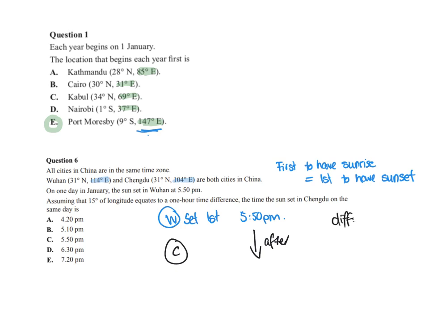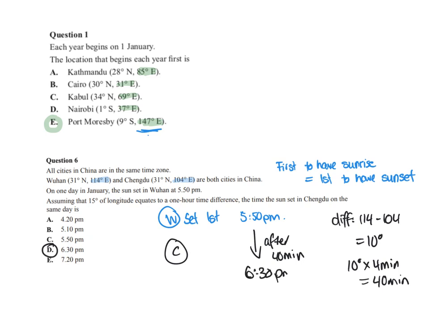If you look at the difference, it's 114 minus 104, so it's about 10 degrees difference. And if you want to just do 10 degrees times 4 minutes, that would be 40 minutes. So we know approximately 40 minutes after. So that would be at 6:30 p.m. Yeah, would be when it sunset in Chengdu.